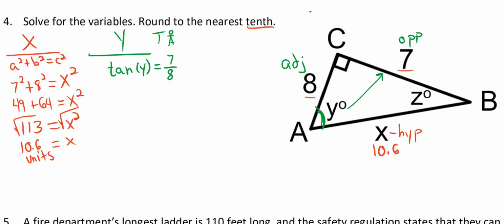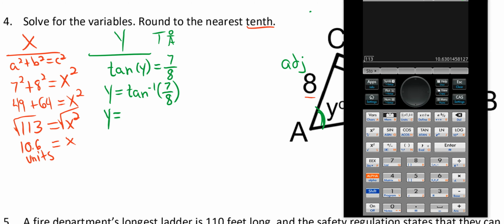From there, we're going to solve this equation for y. To get rid of tangent and get y by itself, we take the inverse tangent. So the inverse tangent of 7 divided by 8. From here, it's now a calculator problem. So we get our calculator. Remember, to do an inverse, you press the second button and then you press the tangent. So we're going to press shift tangent.